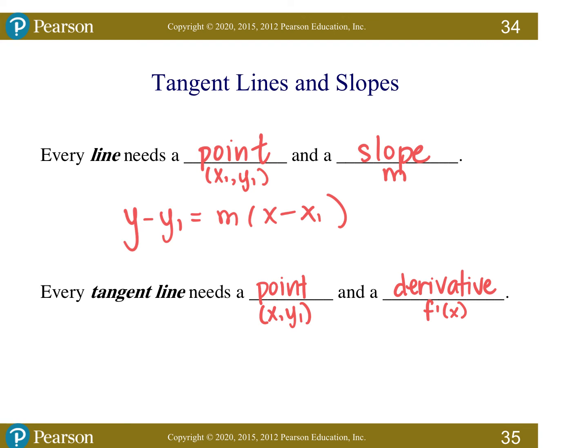And so our equations will look like y minus y1 equals f prime of x times x minus x1. But it's the same. The derivative means the slope. So when I say tangent line, you've got to come up with the point that you're skimming off of and the slope that you're hitting it with. So every time, tangent line, I need a point and a slope. Or I need a point and a derivative. That would be the same thing.